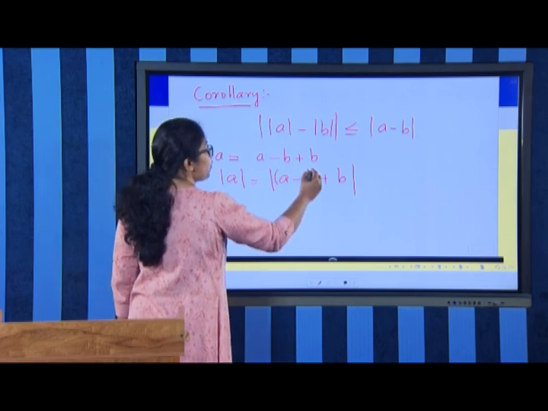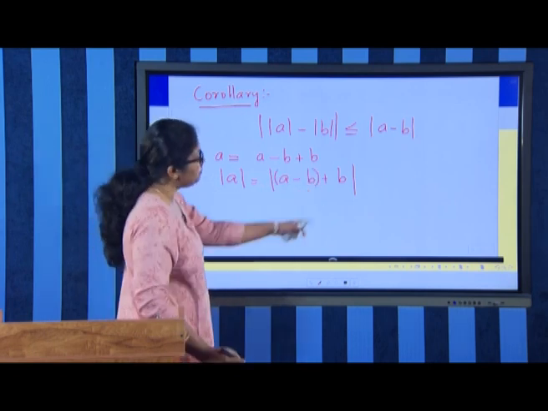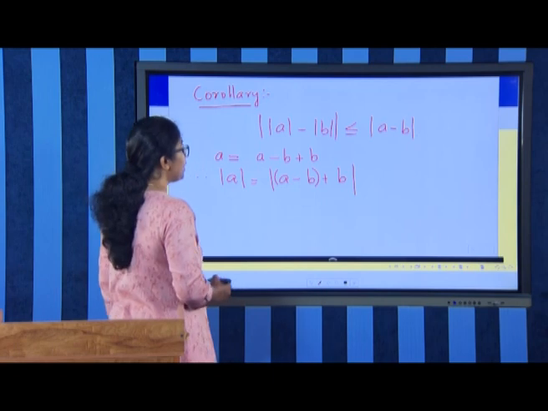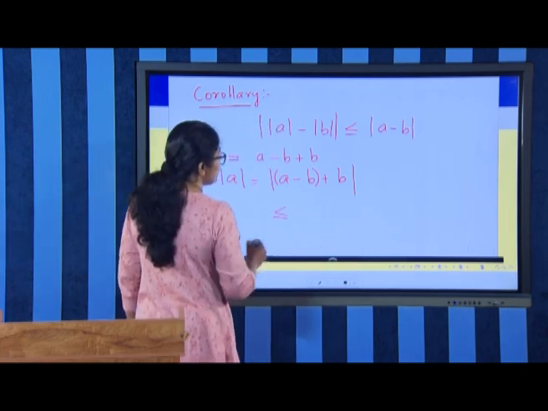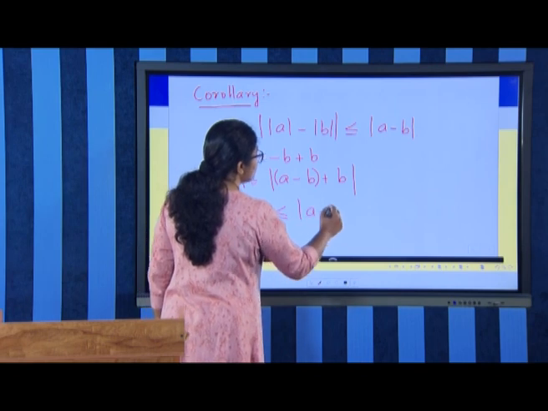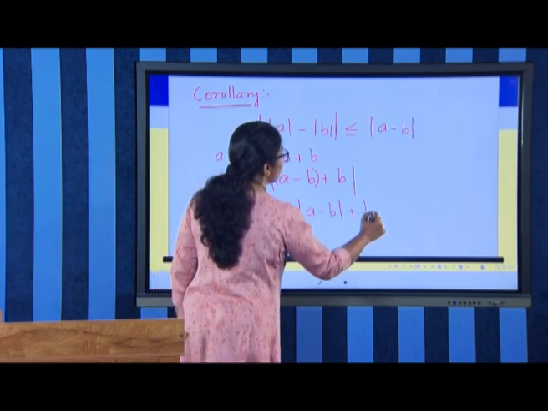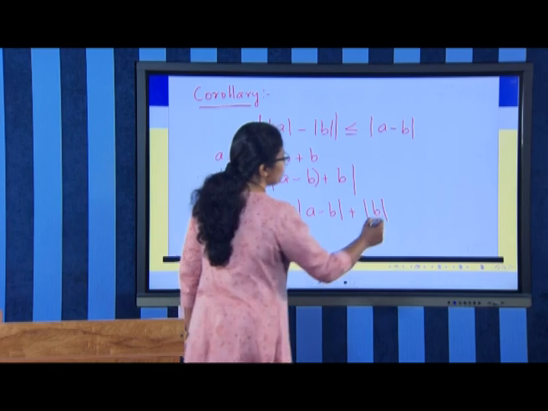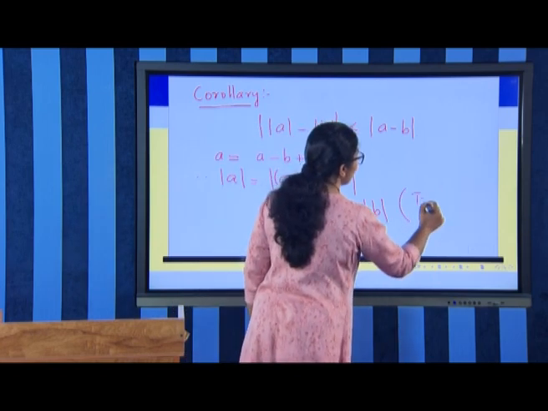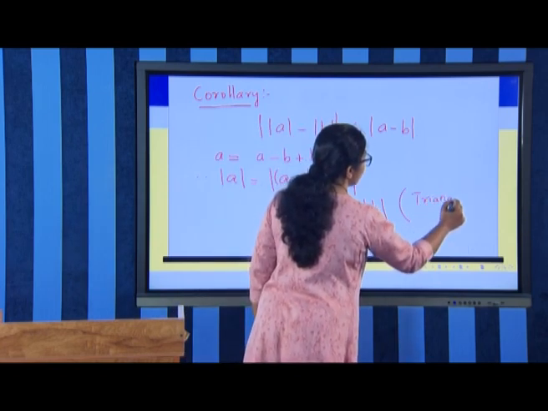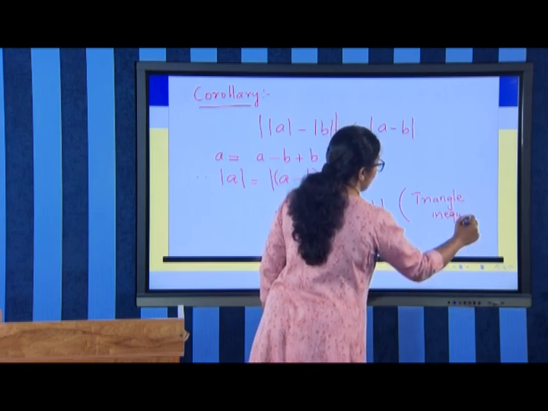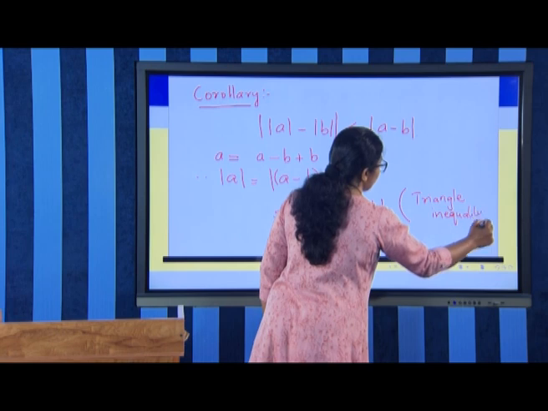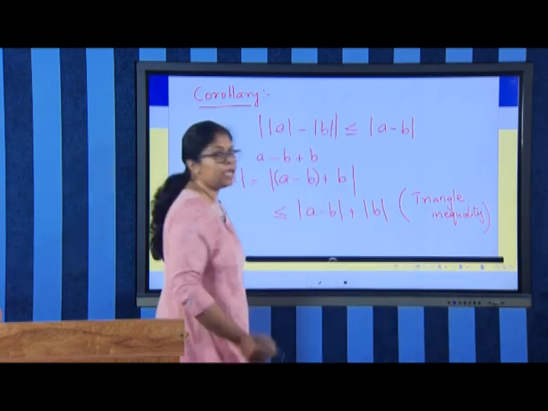Taking a minus b as one real number and b as the second real number, by the triangle inequality, this is less than or equal to modulus of a minus b plus modulus of b. From where did it follow? It followed from the triangle inequality. That is why this is a corollary of the triangle inequality. Corollary means something which follows from a theorem.